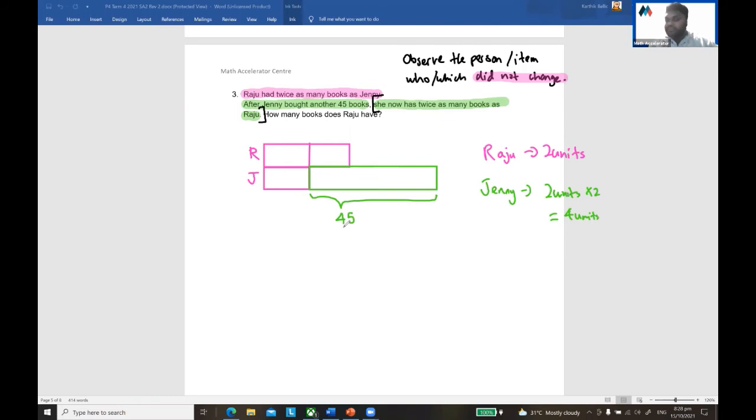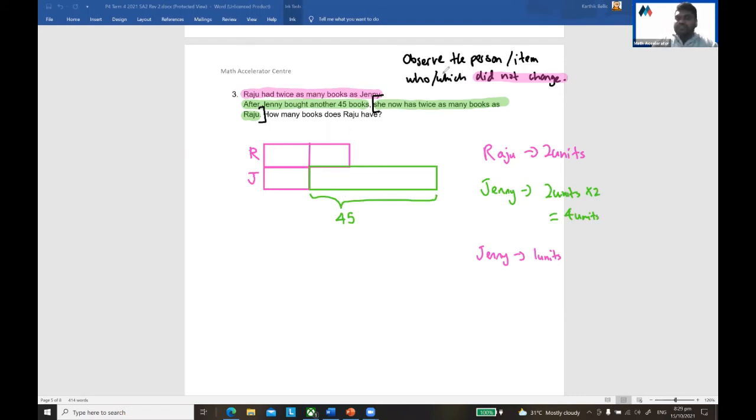Okay, class, can you tell me how many units is 45 then? So you guys told me that now Jenny has 4 units, right? If you read the question at first, Jenny has only 1 unit. But after adding 45, Jenny became 4 units, right? Which means how many units is the 45?